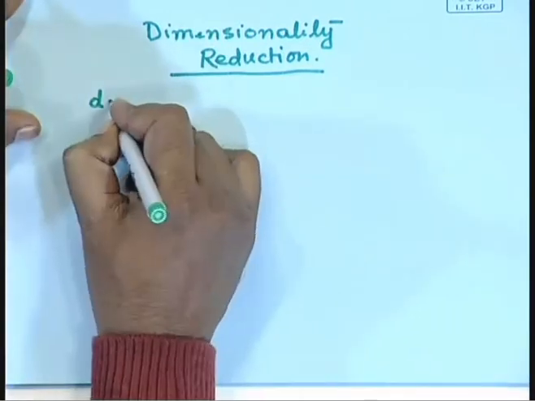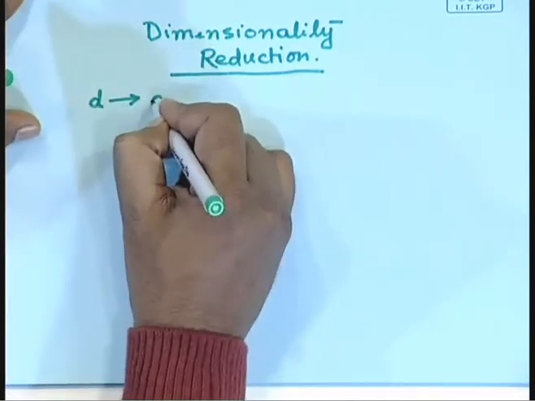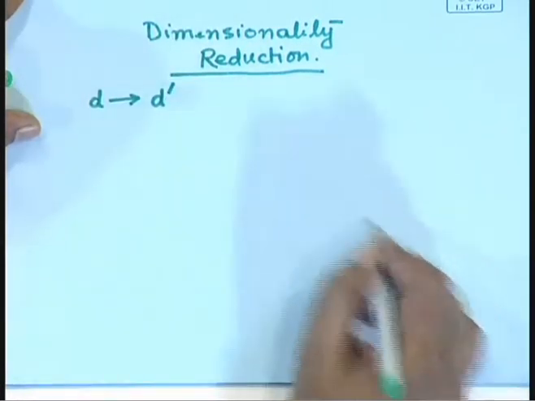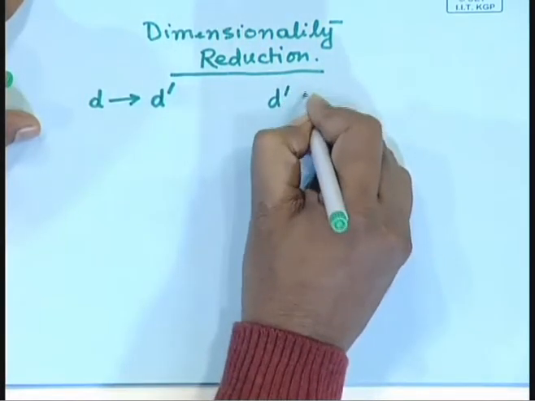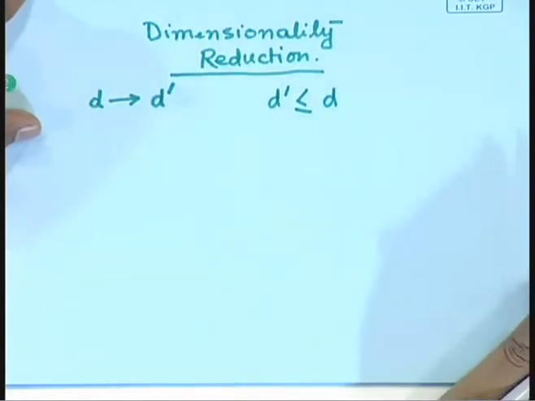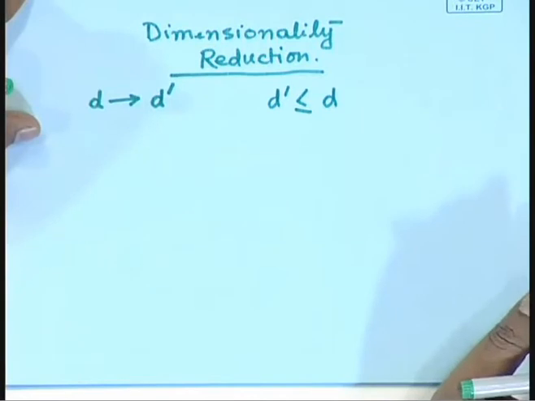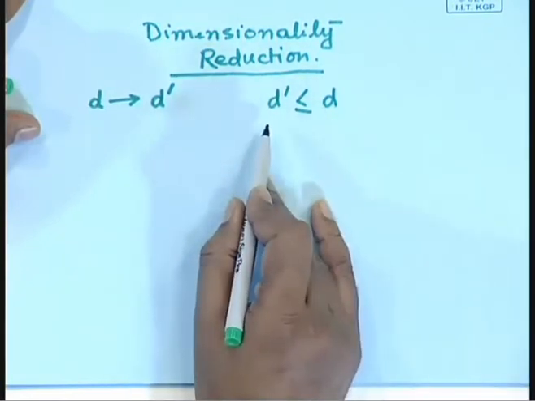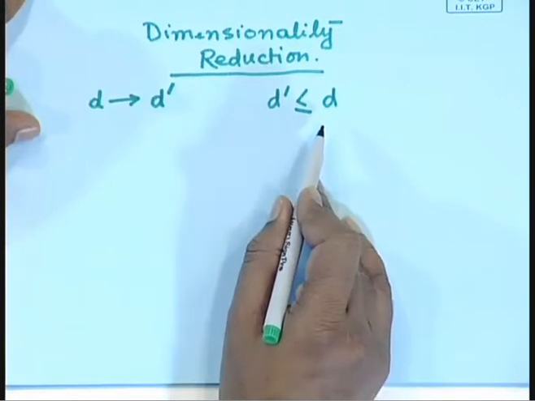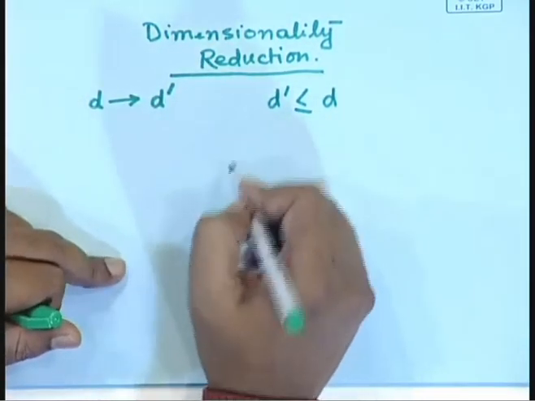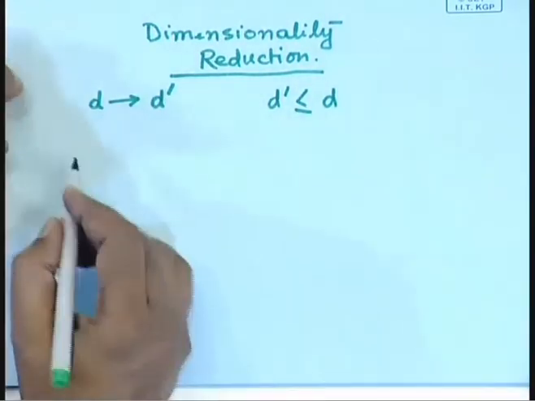I want to reduce these feature vectors to dimension d prime, where d prime is less than or equal to d. Obviously, I do not want d prime to be larger than d. At most it can be equal to d, but I target for d prime less than d, so that the dimension is reduced. Now, when I try to do that, there are two approaches.